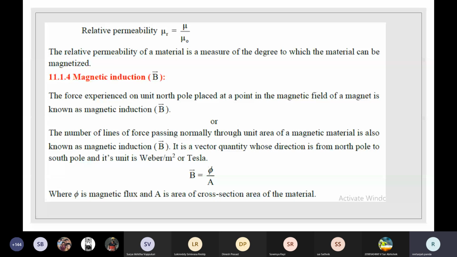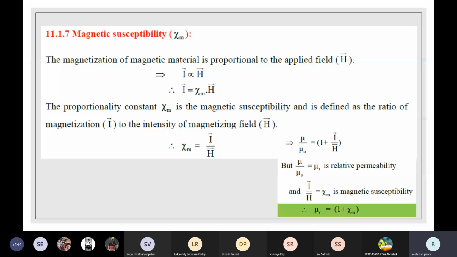Then comes magnetic susceptibility. I already told you about this magnetic susceptibility a few classes back, when I was telling you about superconductivity. At that time we learned that a perfect diamagnetic material is a superconductor. There we learned that the value of chi will decide whether it is a diamagnetic, paramagnetic or ferromagnetic material.